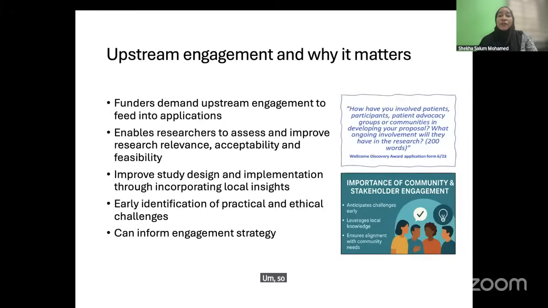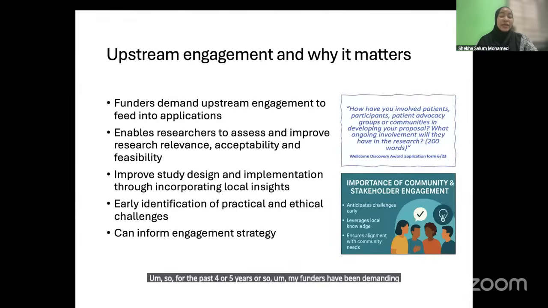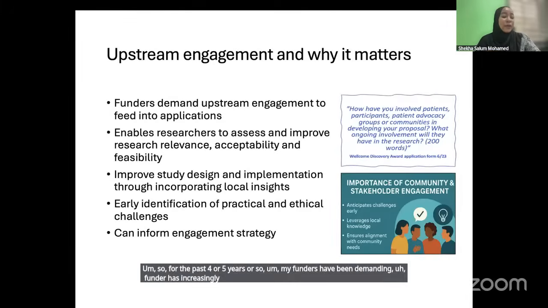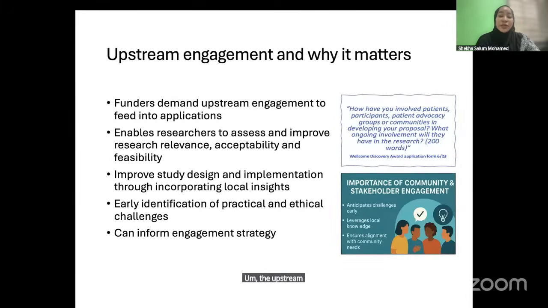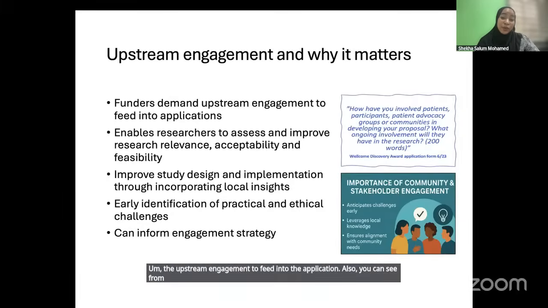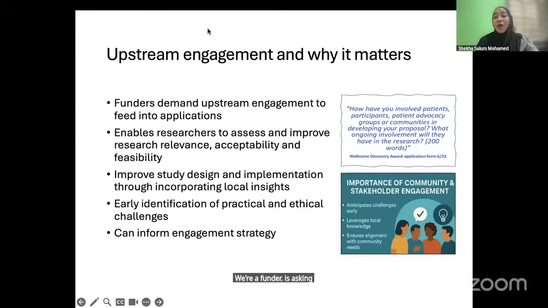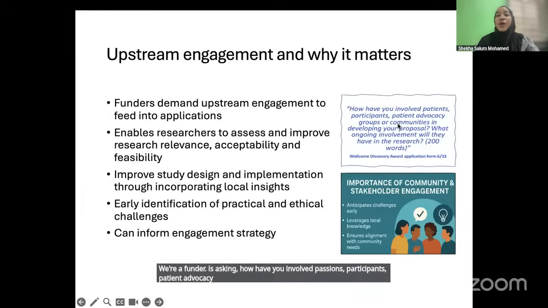For the past 4 or 5 years or so, funders have increasingly demanded upstream engagement to feed into the application. You can see from this blue box an extract from a Wellcome Discovery application where the funder is asking, how have you involved patients, patient advocacy groups, or communities in developing your proposal?